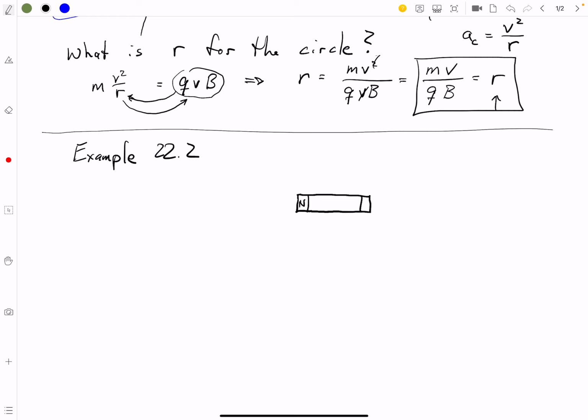There's a north end and a south end. We've got a B field going on, and we've got an electron coming in.